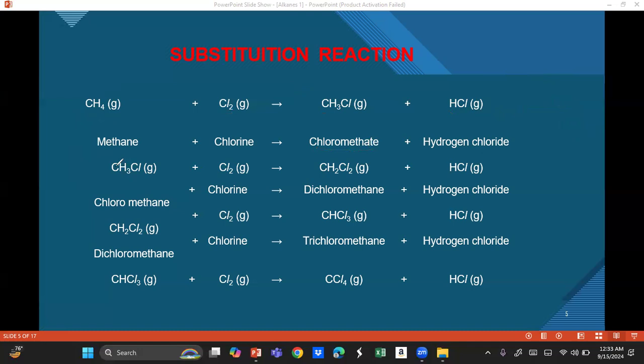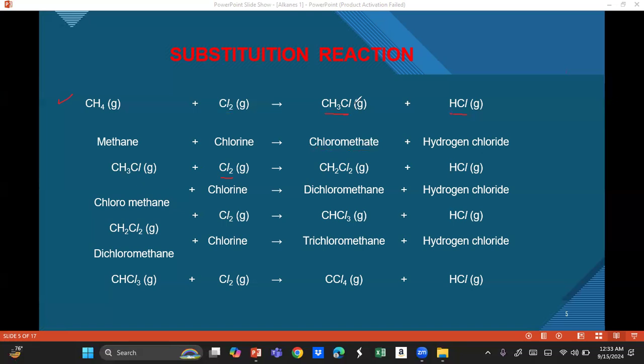Now, see, this chloromethane, which is formed in the first step, will be reacting further with chlorine. And similarly, as in the first step, one hydrogen atom was replaced with the chlorine atom, and we got chloromethane and byproduct HCl fumes.